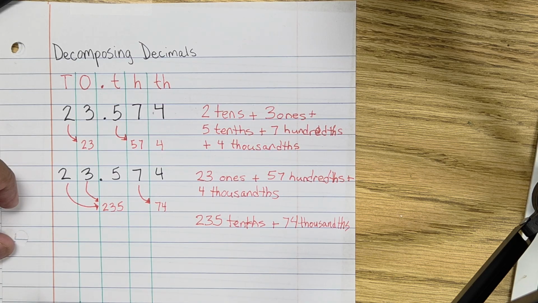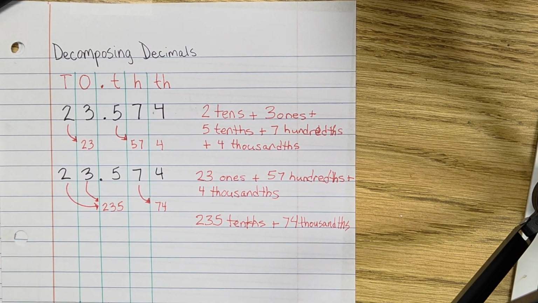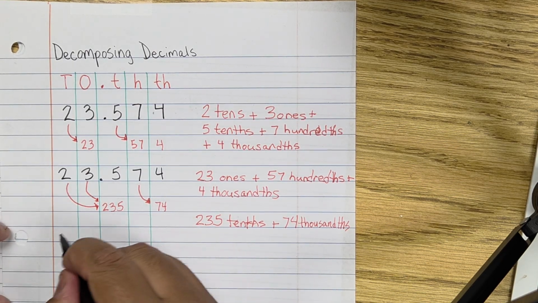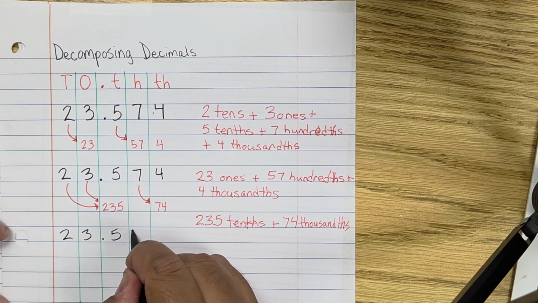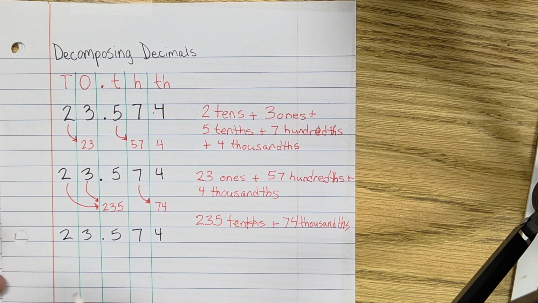Okay. We can reorganize this number in a multitude of ways. So another way that I can actually do it, and I'll rewrite the number one more time, 23 and 574 thousandths. I can actually go so far as to move all of the digits into the last place value.